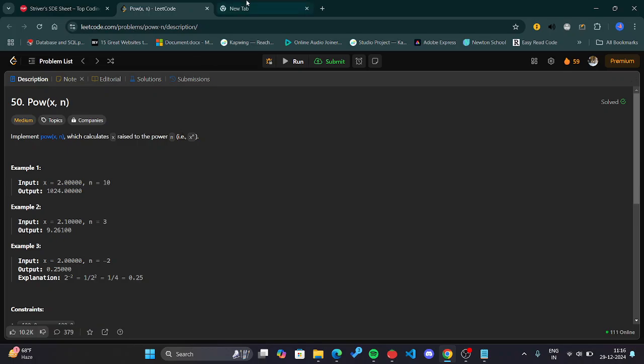And the second catch point: if you have studied, the power can be negative as well as positive, right?